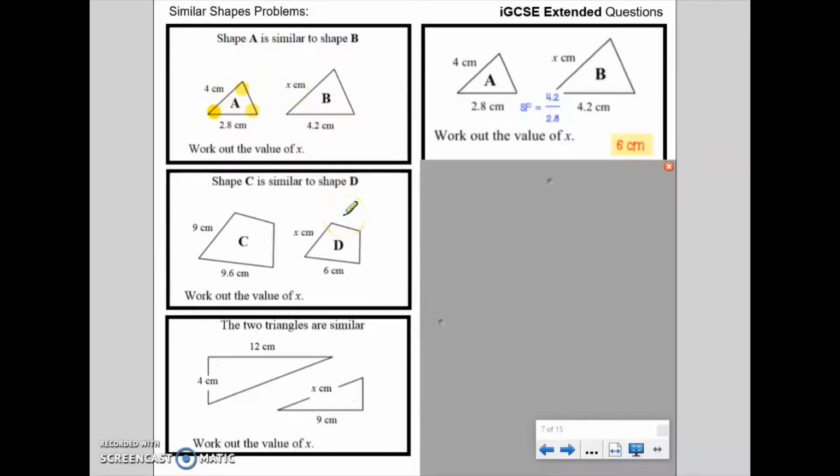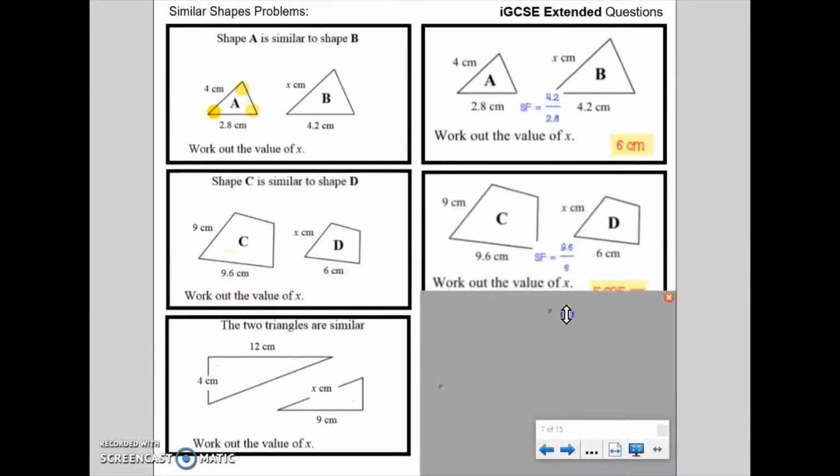For the next question, we're asked to find x again. We are told that shapes C and D are similar shapes. So therefore we have a corresponding length here of 9.6 and a corresponding length here of 6. So if I take 9.6 divided by 6, that's going to tell me that I'm dealing with a scale factor of 1.6. So now I'm going to go to my larger shape.